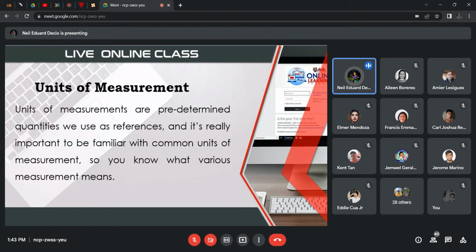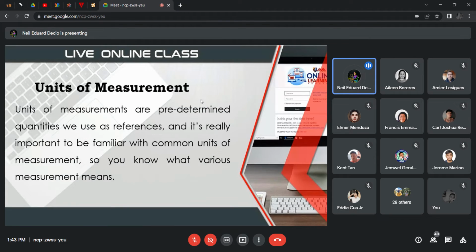Diba? So the problem of using those kinds of units is that hot dogs and donuts aren't very consistent. Unless we are using the same exact hot dogs and donuts, we'll probably come up with different height and weight. So that's the problem of using anything just to come up with a unit of measurement.